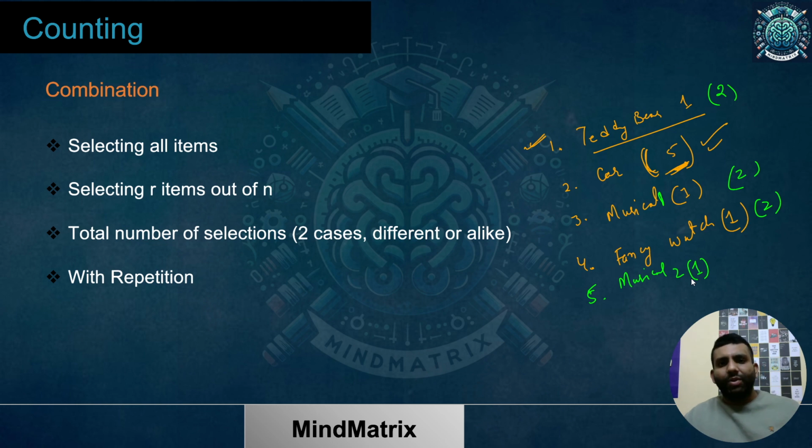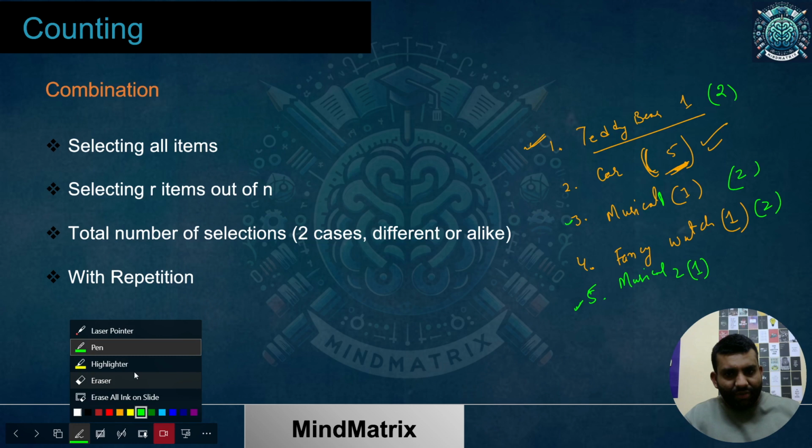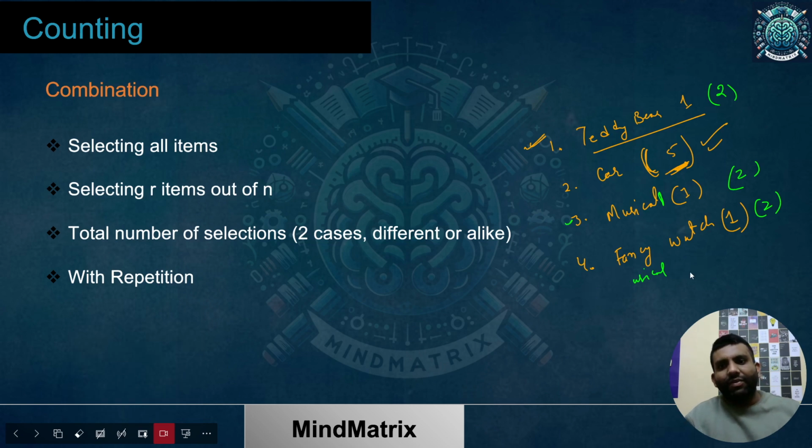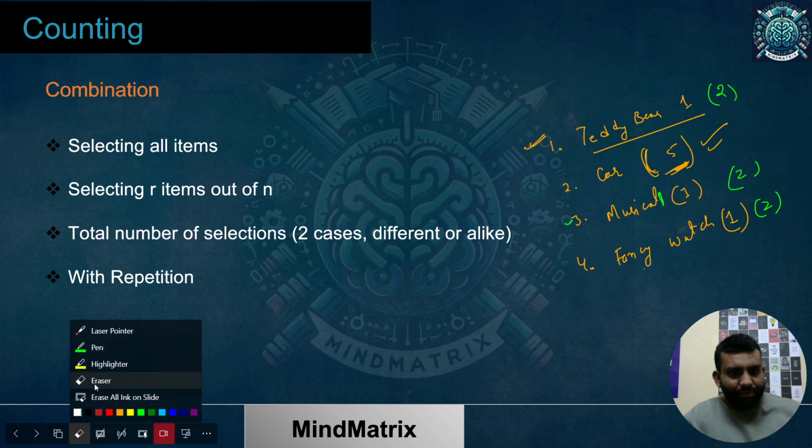Let's say this was a piano, and this is a flute. So different, but if they are alike, then I have to consider it like this car example only. So I'll just remove this over here. I'm just giving an example of how we can deal with that.